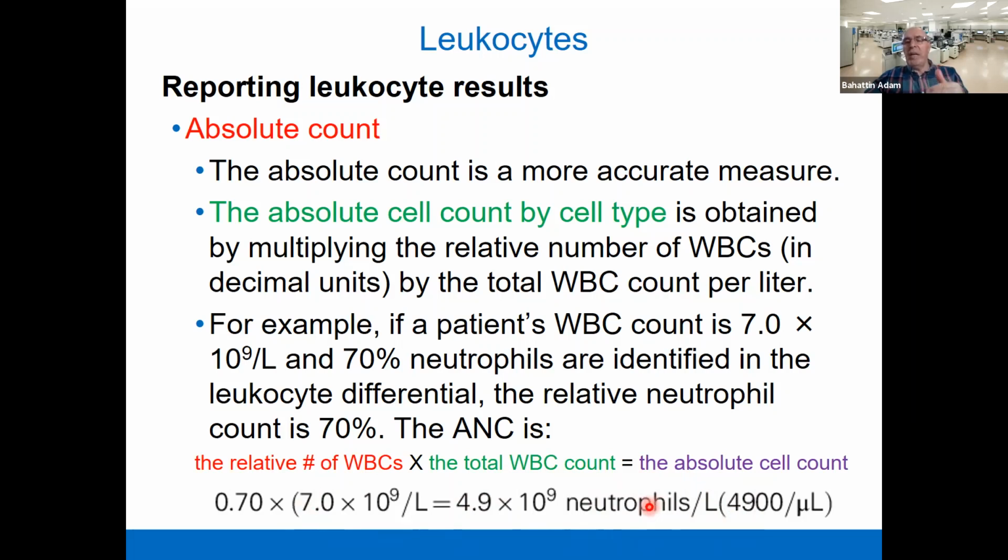For each of them, let's say you count 30 lymphocytes, that means 30% of the white blood cells are lymphocytes, then you multiply 0.3 with the total, because this is the relative number of white blood cells which you obtain from the instruments, and then you get the absolute numbers.